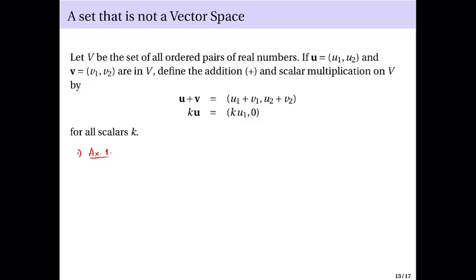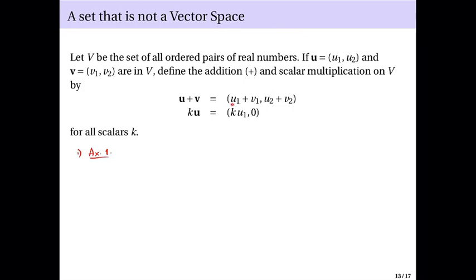U plus V is just the usual addition in R2, not on real numbers, but in R2, because we are looking at ordered pairs.